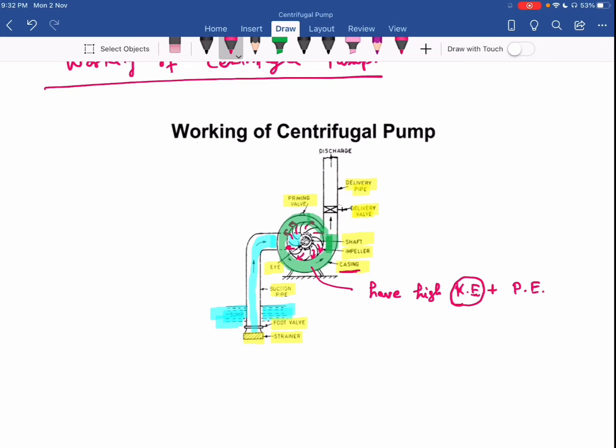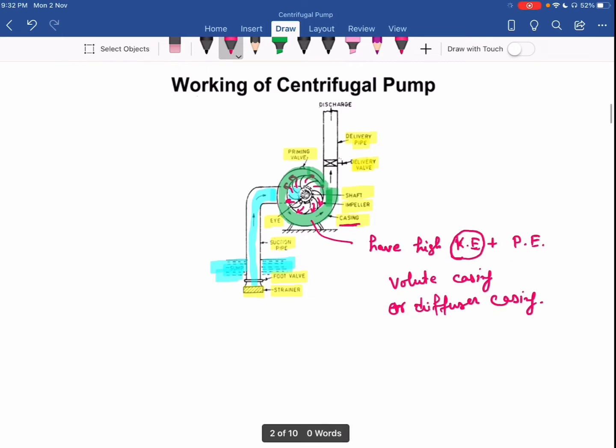That special type of casing is called volute casing. This helps in further gain in pressure energy of the liquid. This is how centrifugal pumps work. After the casing, the water goes to the delivery pipe, and we can control the discharge in the delivery pipe with the help of the delivery valve.